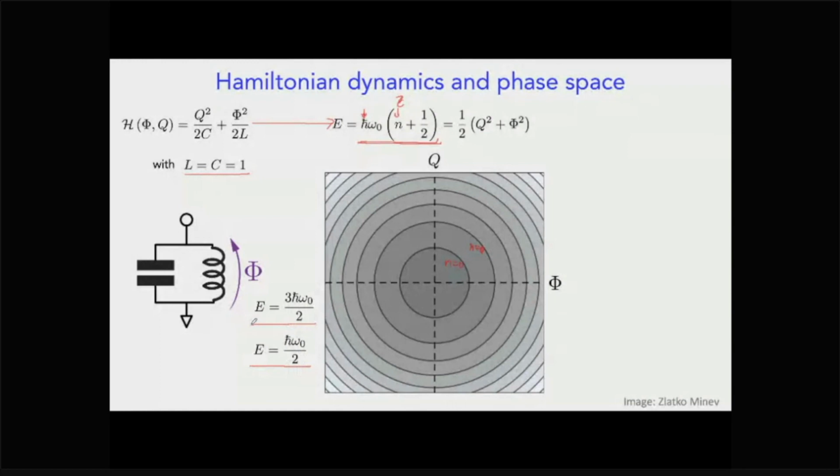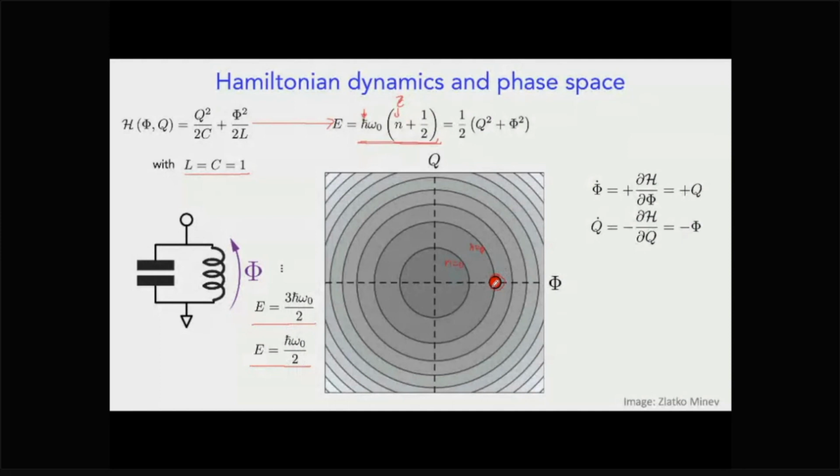Now, there's no reason that in classical physics I have to constrain myself to be at one of these rings. I could be anywhere in between, but in quantum we'll see effectively you can't do that. Now, suppose that we want to describe how the classical oscillator behaves. I can represent its state by this red dot.